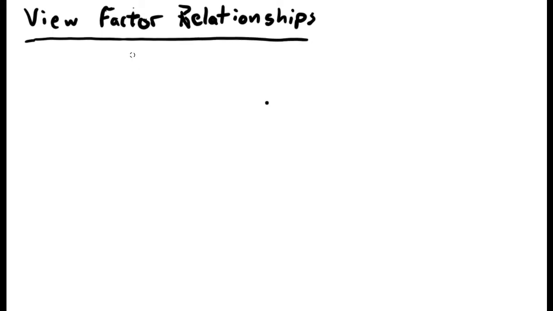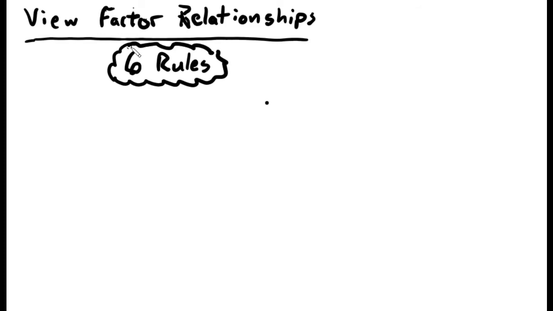There are 6 rules that you can use in order to simplify a geometry or to break down a geometry into more basic forms, or you can even use these to define certain geometries without having to use any tables or anything, and we're going to do that at the end of the class.